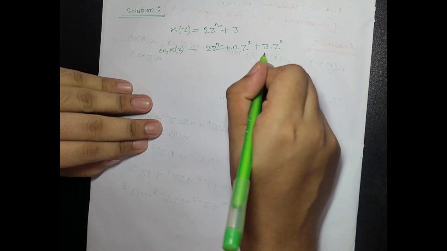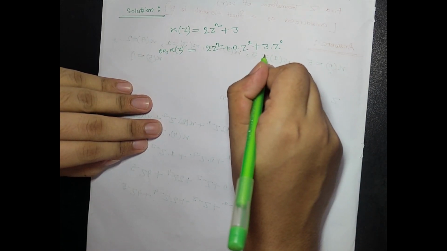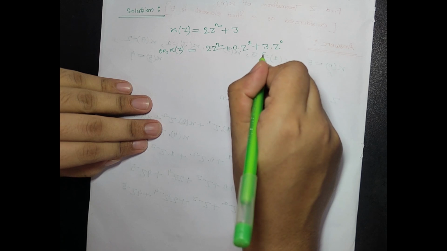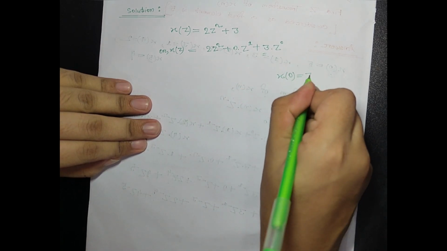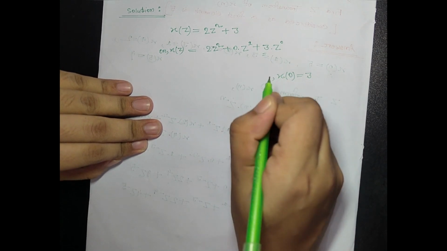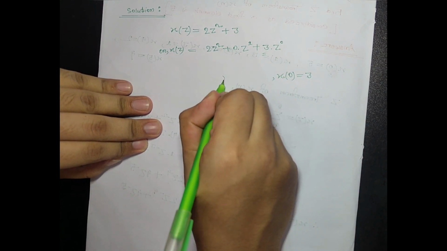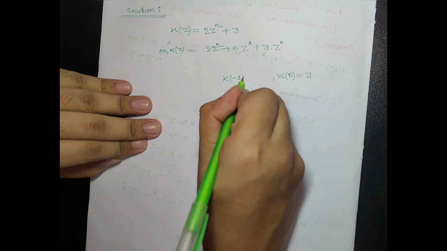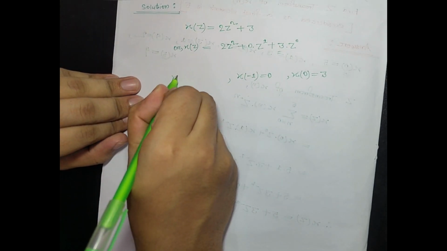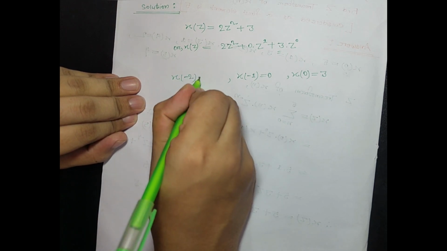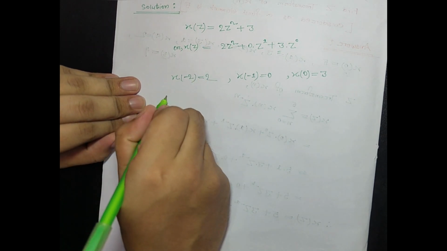That means the first element x of 0 equal to 3, x of minus 1 equal to 0, x of minus 2 equal to 2.